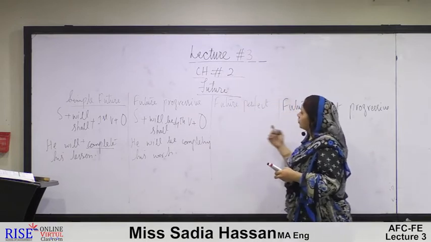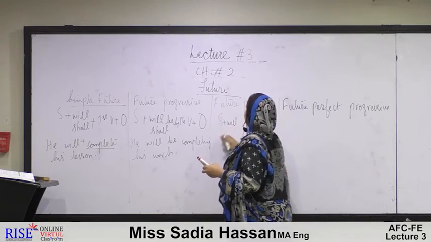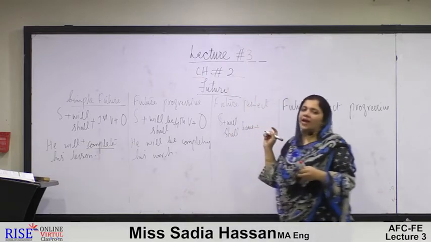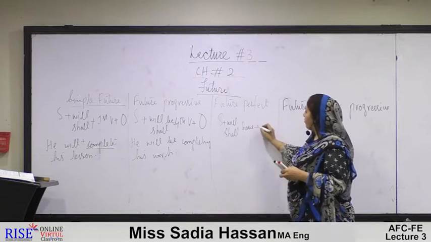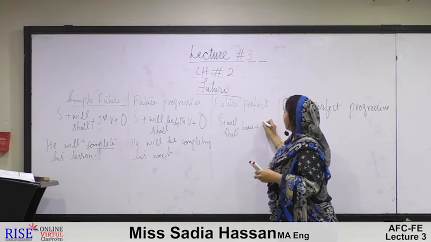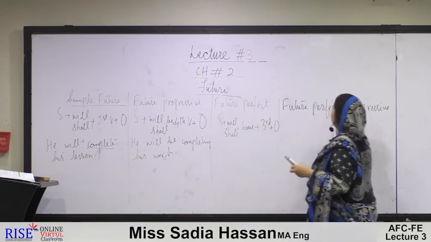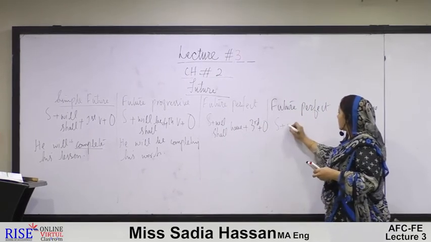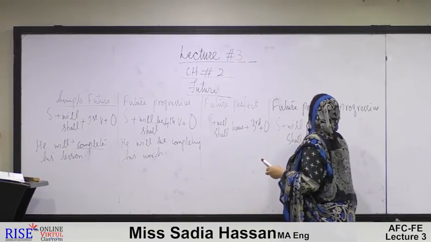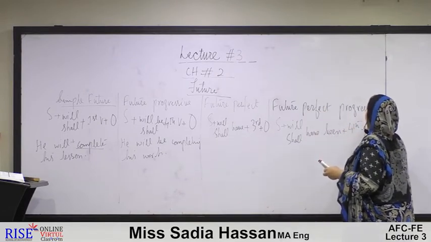In future perfect, subject plus will and shall, both of them use have. There is no use of has in this construction. Have plus verb. Which verb? Third verb. And object. Future perfect progressive: subject plus will, shall, have, been, and fourth verb form and object.